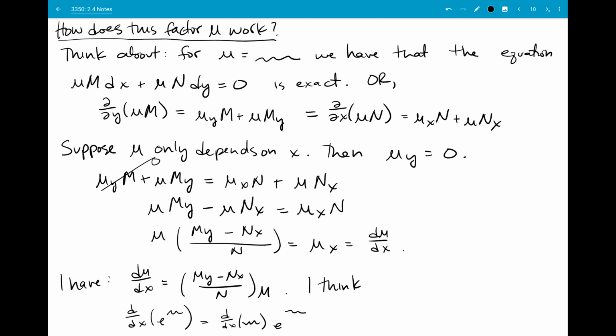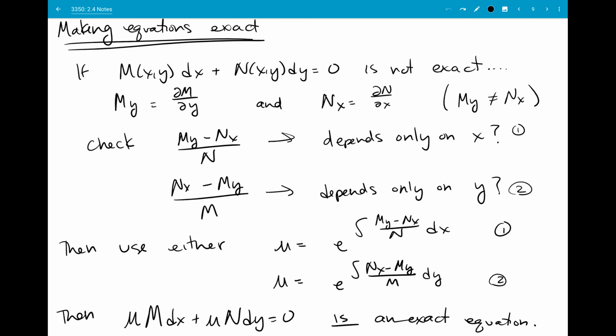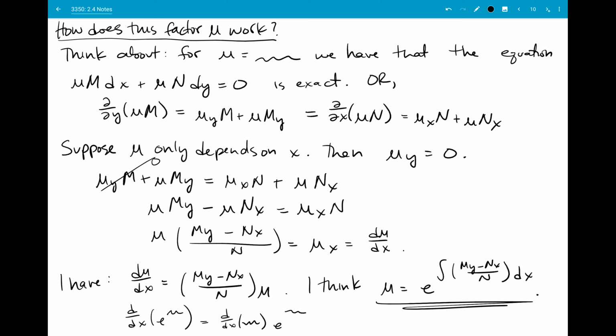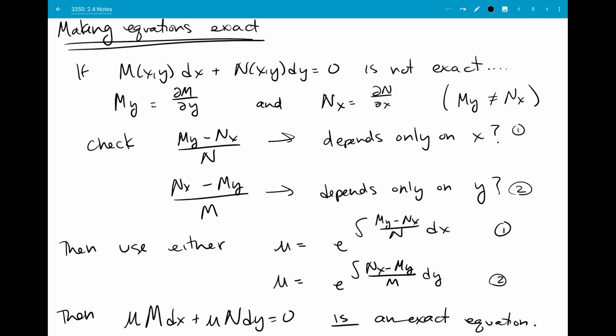So mu should be equal to e to the power of this stuff integrated, if I want it to satisfy this rule. And that's exactly what we got here. e to the integral of (M sub y minus N sub x) over N dx is what mu is.